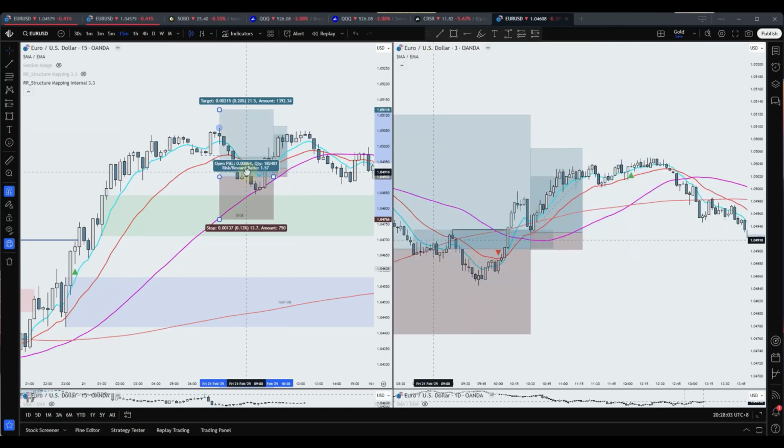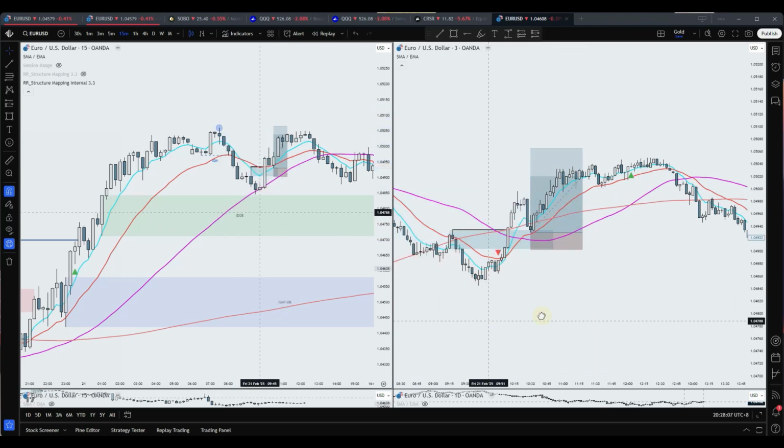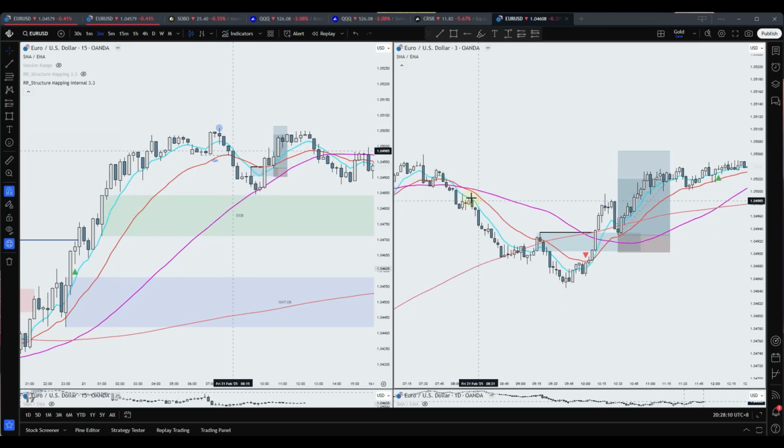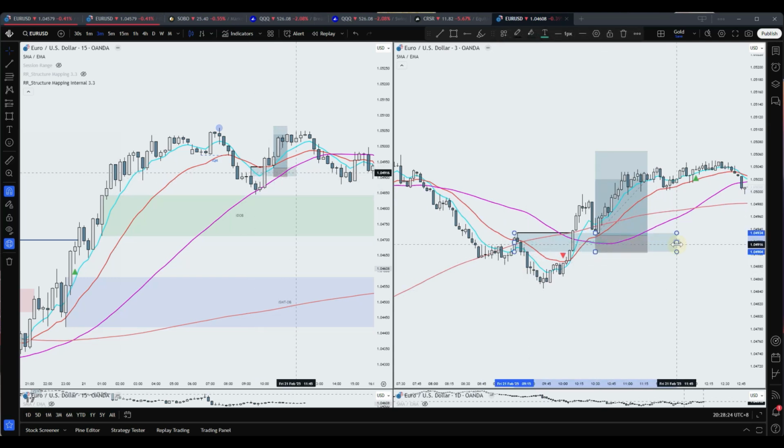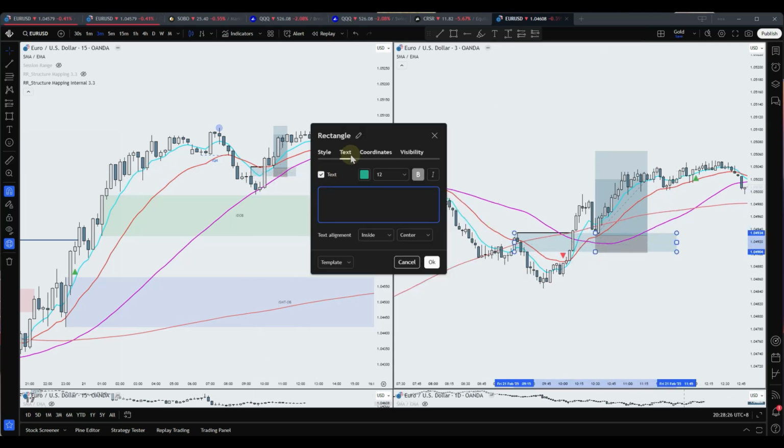If the answer is that this one makes more sense, then with these sellers you need to wait for them to diminish. Once they diminished and we got the market structure shift, this market structure shift at the same point is a breaker block as well.